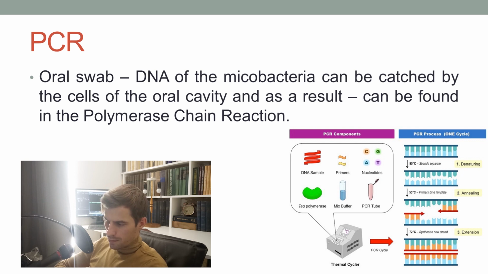The principle is that the cells of the oral cavity epithelium are able to catch and take inside the DNA of Mycobacterium, and by taking an oral swab, we can find the DNA of Mycobacterium tuberculosis in this swab. So it is an easier, faster, and safer way of diagnosis of tuberculosis.